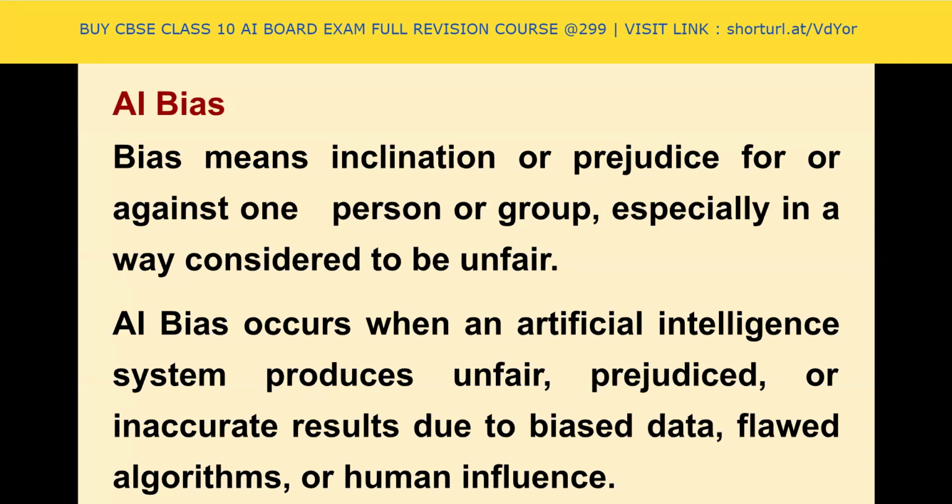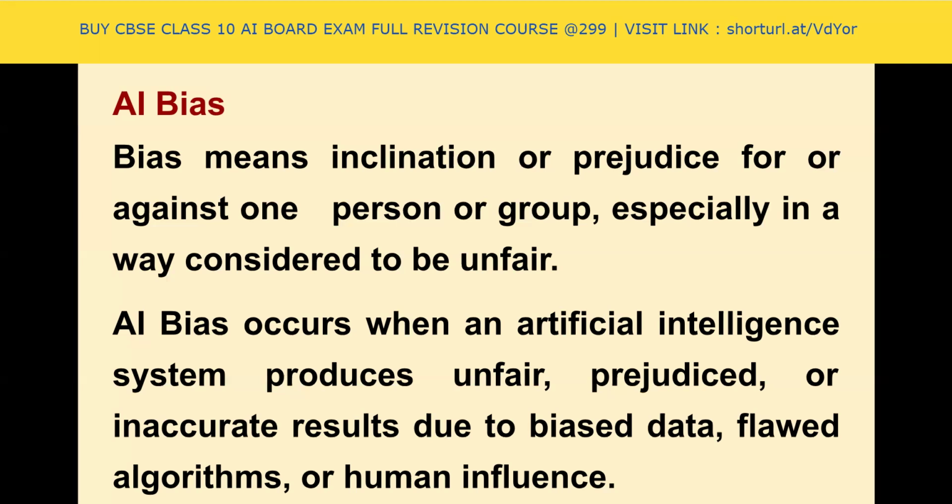AI bias occurs when an artificial intelligence system produces unfair, prejudiced, or inaccurate results due to biased data, flawed algorithms, or human influence. Okay, so basically, you are doing something against one person or a group of persons based on some kind of prejudice you have against them.